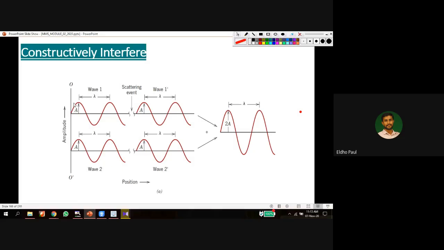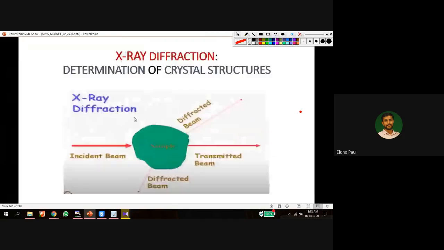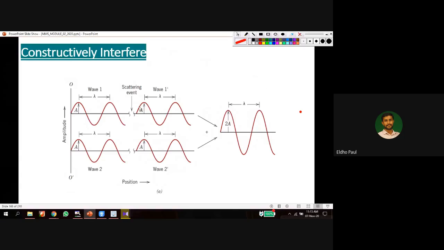For example, these are two X-ray beams, wave 1 and wave 2. Here we can see the amplitude is the same, the frequency is the same, and the phase is the same for these two beams. When they strike the specimen, this is a scattering event. Wave 1 dash and wave 2 dash are formed with the same amplitude.